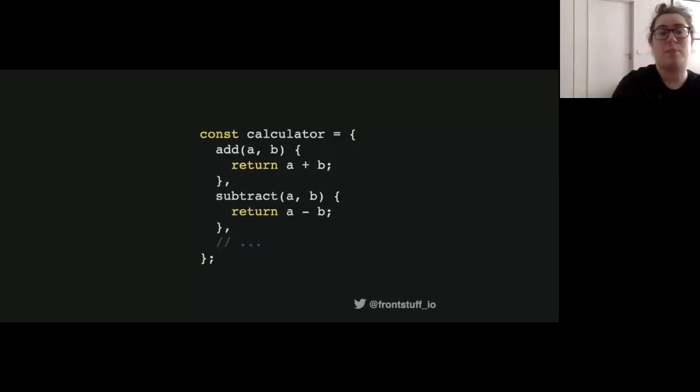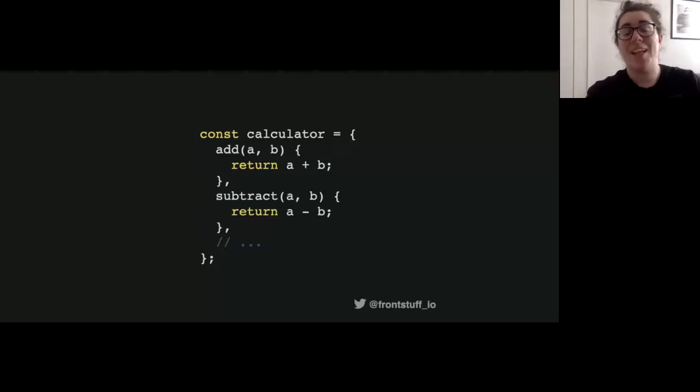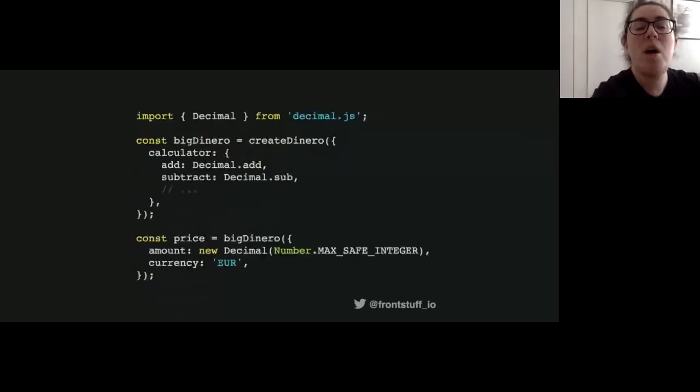It's imported manually, basically. So that kind of defeats the purpose of the pattern, doesn't it? A much smarter approach would be to inject the calculator into a factory function, which itself generates the Dinero function, and then expose this factory to users.